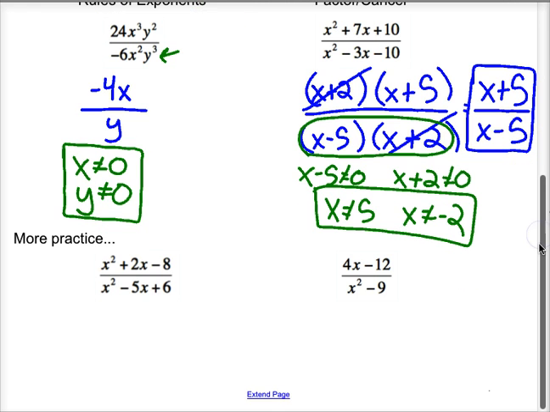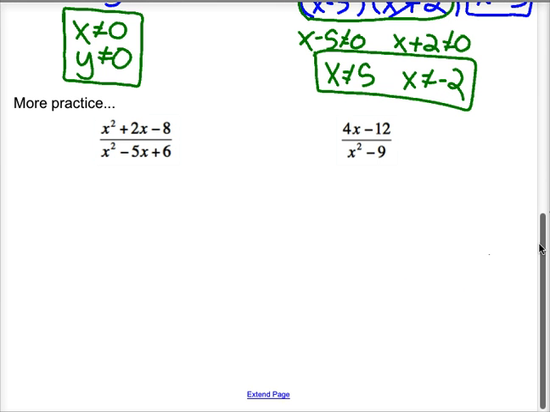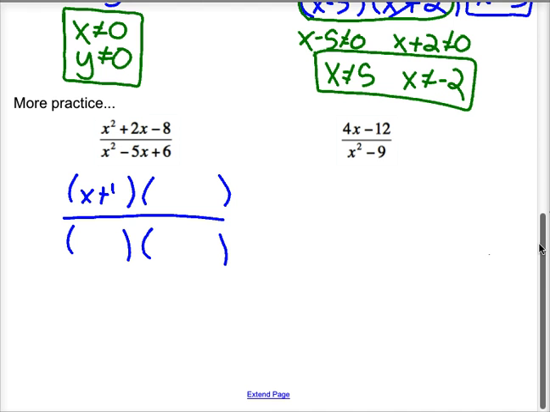So, just for a little more practice, on the top, x squared plus 2x minus 8, well, that is going to be x plus 4, x minus 2. Then on the bottom, we're going to have x minus 2, x minus 3.